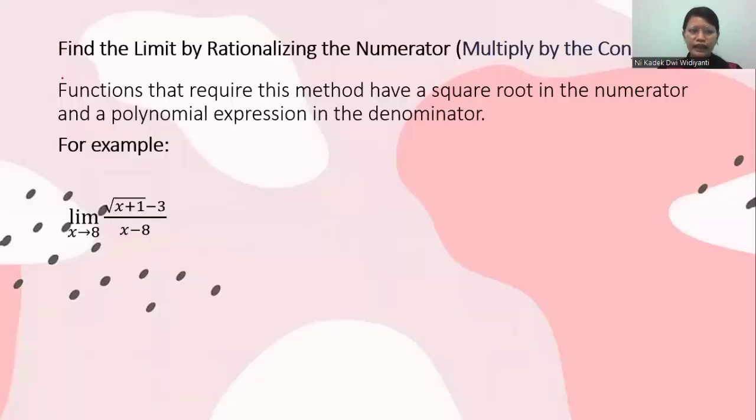The third method is to find the limit by rationalizing the numerator, or multiplying by the conjugate. Functions that require this method have a square root in the numerator and a polynomial expression in the denominator.